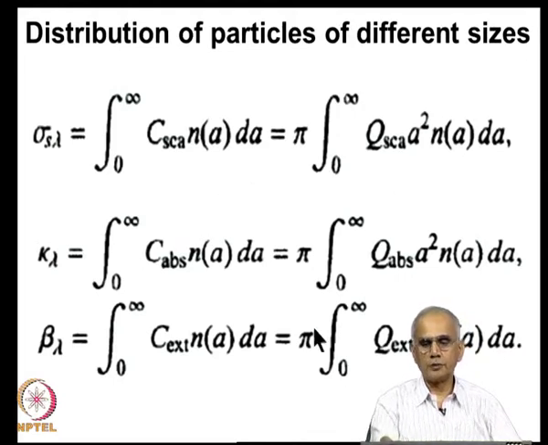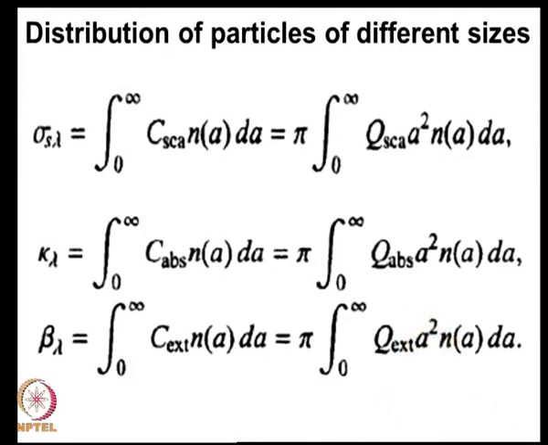This can be written also in terms of scattering efficiency and pi r squared or pi a squared and so on. So, this is a more general definition of the scattering coefficient, absorption coefficient and extinction coefficient based on the distribution of particles in the system. So, we can extend whatever we discussed for a homogeneous particle of the same radius to particles covering a whole range of radii, then you can use this equation.